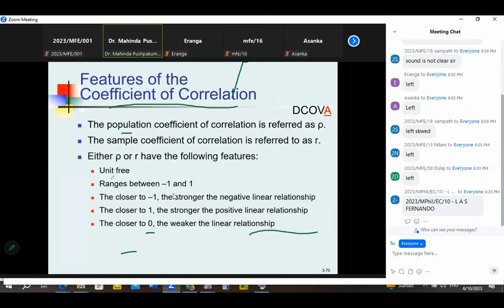Then these are some important facts related to the coefficient of correlation. If you calculate the coefficient of correlation for a population, it is this symbol. If it is for a sample, this one.